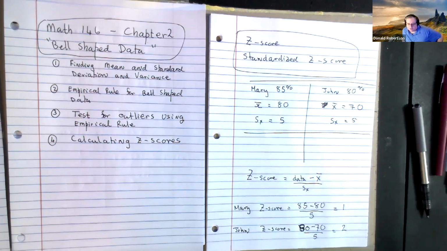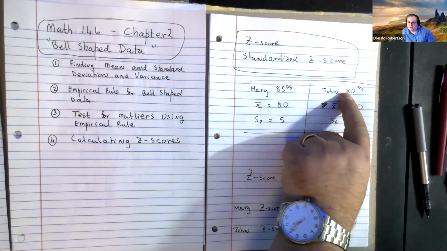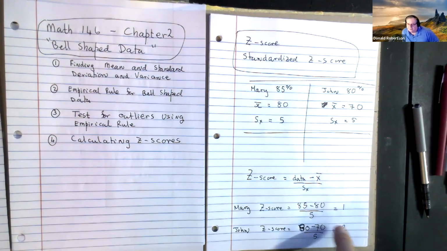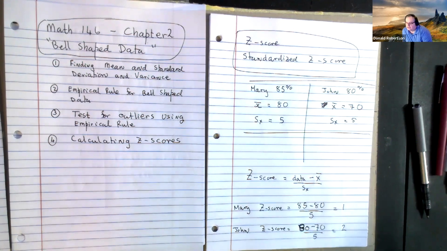So according to this standardized way of marking their grades, isn't it fairer now? Even although numerically John's score was less than Mary's, wasn't it much more difficult for someone in John's class to get an 80 than it would be in Mary's? So John actually did better.